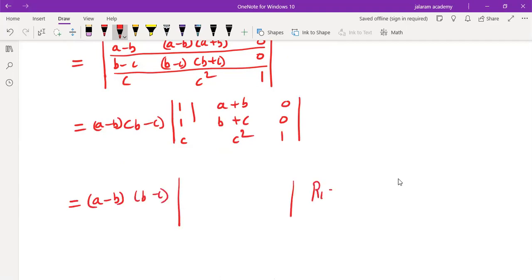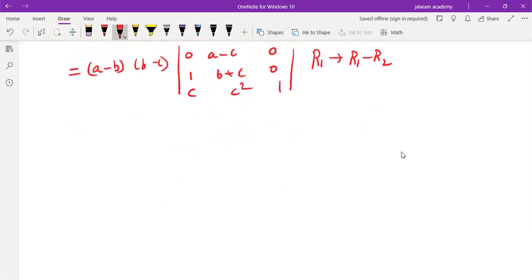R1 is operated as R1 minus R2. So 1 minus 1 is 0. A plus B minus B plus C, B cancelled out, is A minus C. Then 0 minus 0 is 0. Then 1, B plus C, 0; C square, 1.